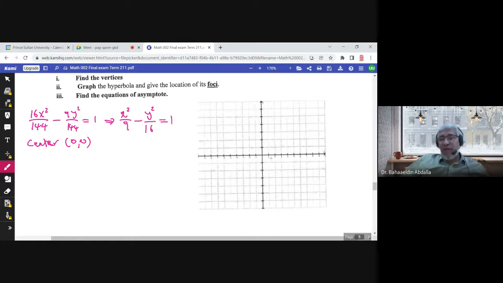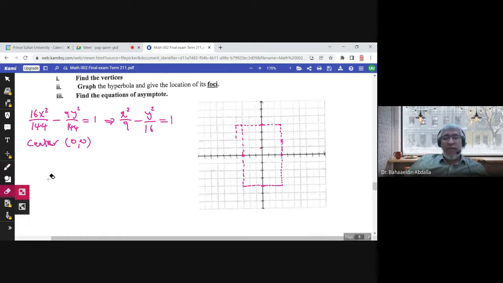To graph this hyperbola, I start from 0, 0, and I go 3 units to the right and 3 units to the left, since x squared has 9, and 4 units up and 4 units down from the center. And then I graph the fundamental rectangle.